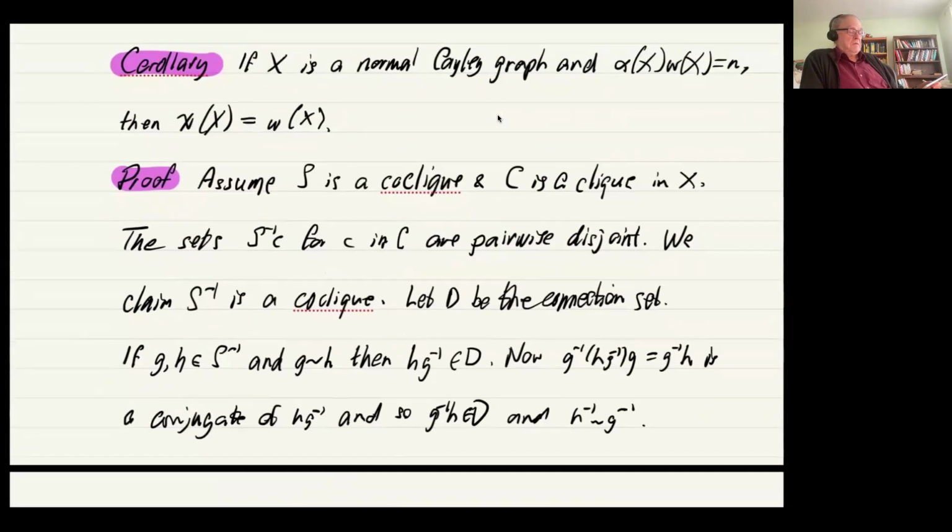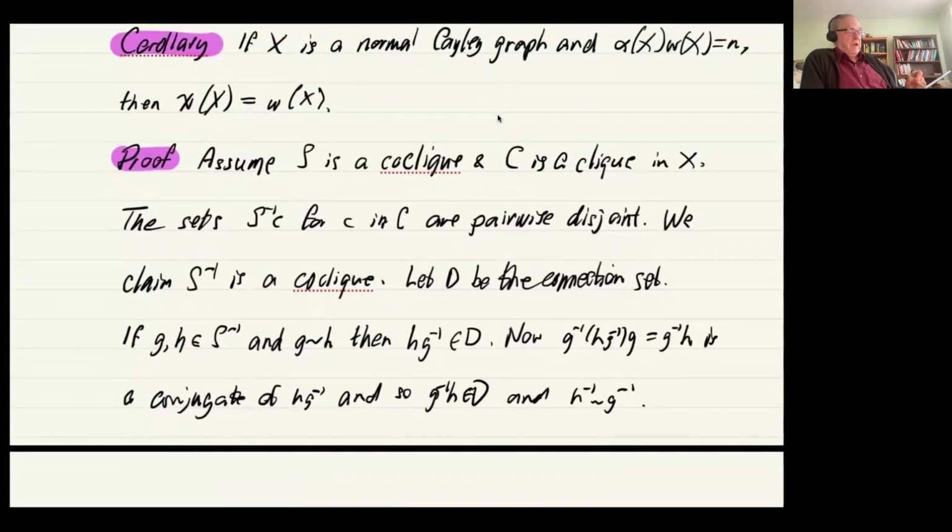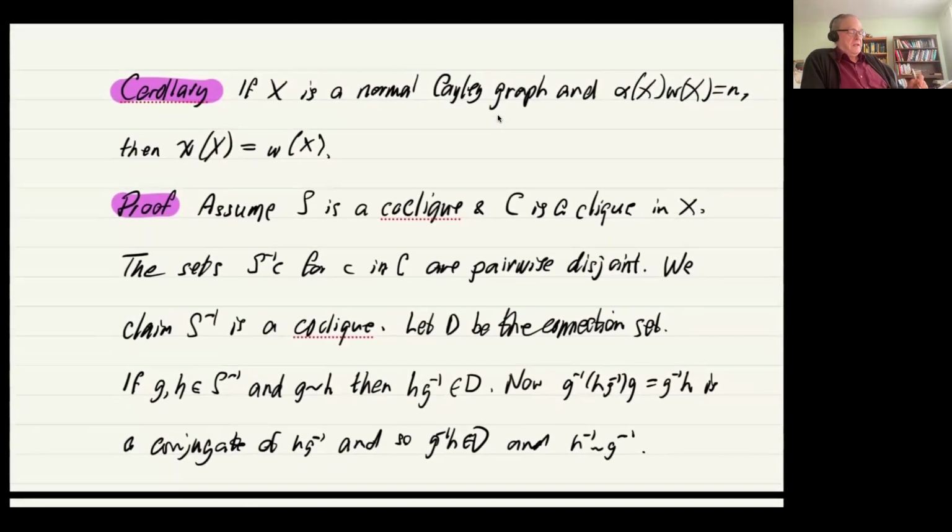So we assume again that we've got a co-clique S and a clique C in X. And as before, the sets S inverse c for c in C are pairwise disjoint. But the claim is that S inverse is a co-clique. Now, S is a co-clique, but the inverses don't have to be.